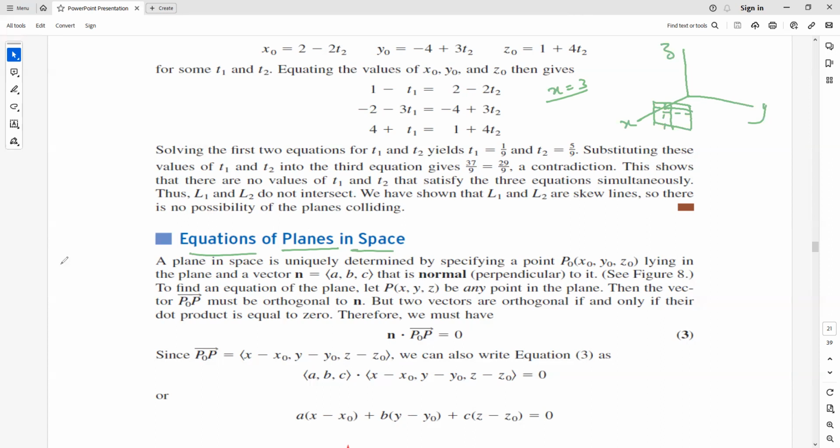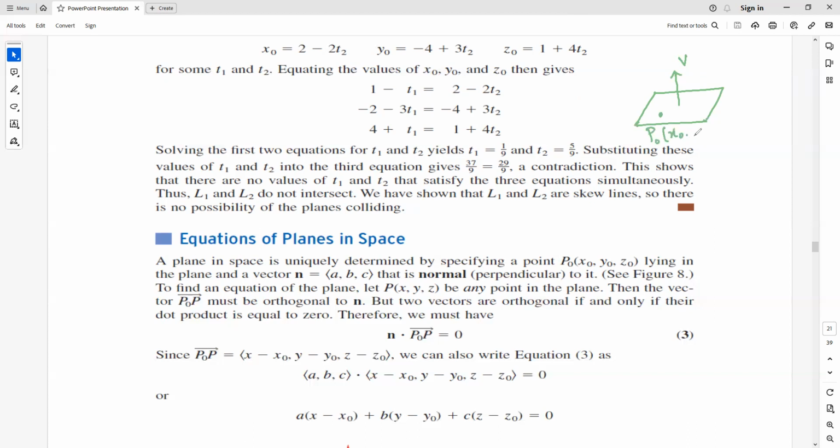Now, in general, to find the equation of a plane, what we need is, if we have a plane, let's say this is a plane in the XYZ coordinate system, a vector that is normal to the plane. We will call it V, and a point on the plane, we will call P0.